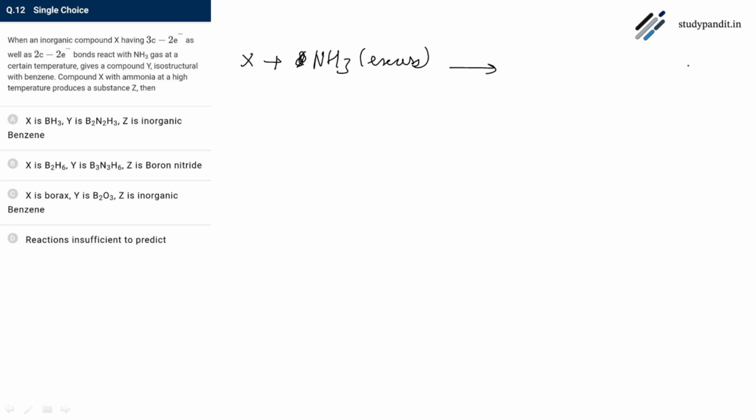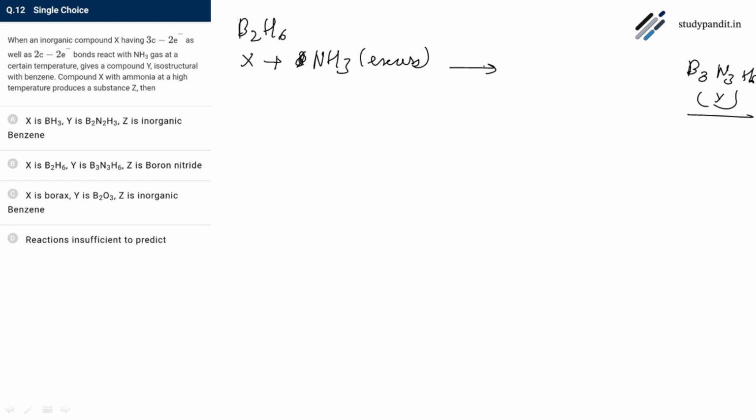Borazole. B3N3H6. Now we know this is our compound Y. So we can already see that only one compound here has this structure, but we will solve this equation. So what reacts with NH3 and gives this compound?